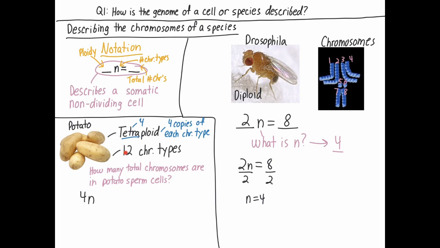Since there are 12 types, n equals 12. In somatic cells, there are 4 of each type, and there are 12 types for a total of 48 chromosomes. So potato is 4n equals 48 in somatic non-dividing cells. Potato gametes have half the number of chromosomes as somatic cells, so sperm cells would have 24 total chromosomes.